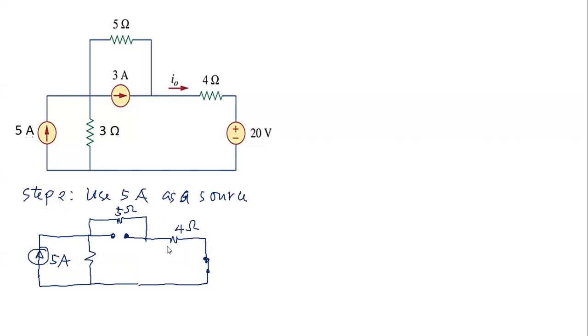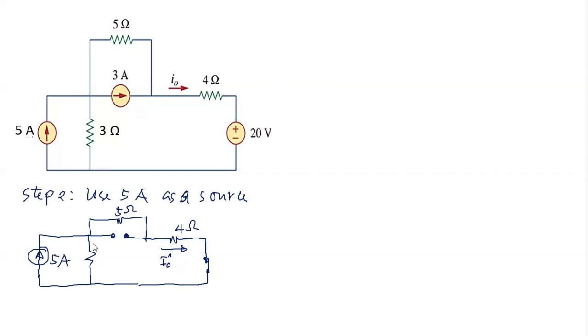And then we label this current as I/O double prime, the current produced by the 5 ampere source when it is acting independently. Then we draw the equivalent circuit.